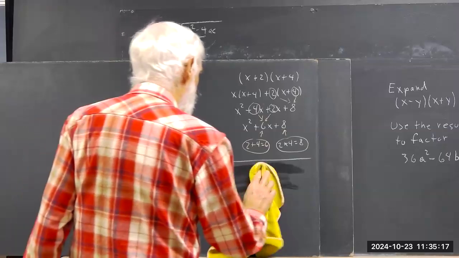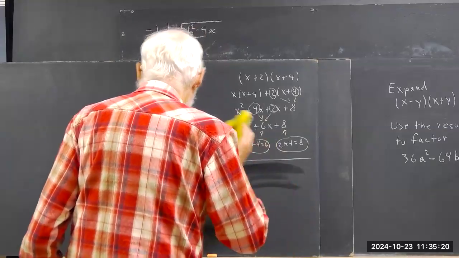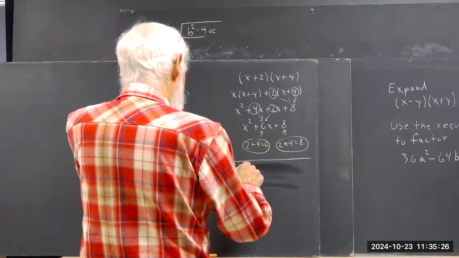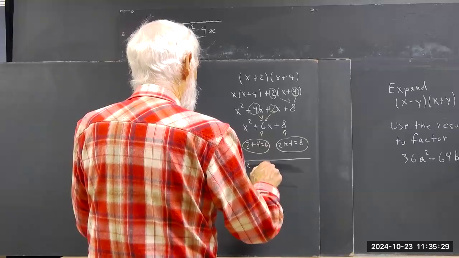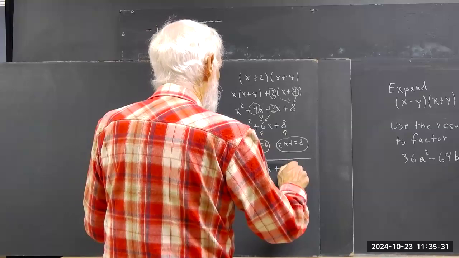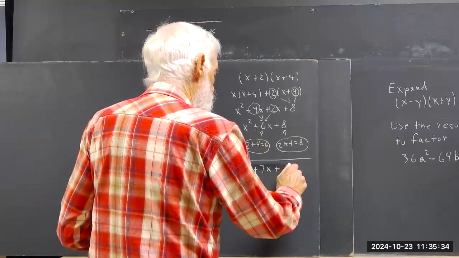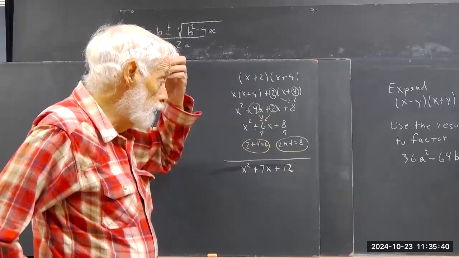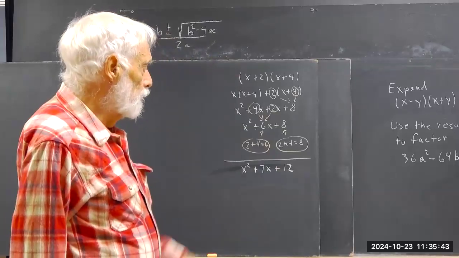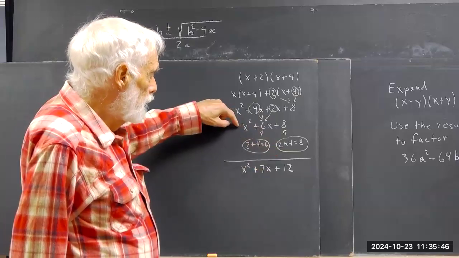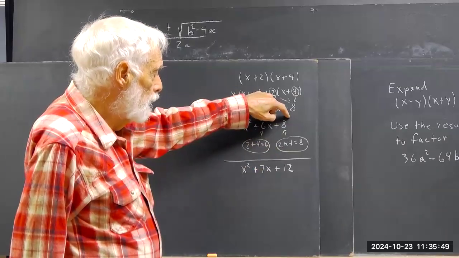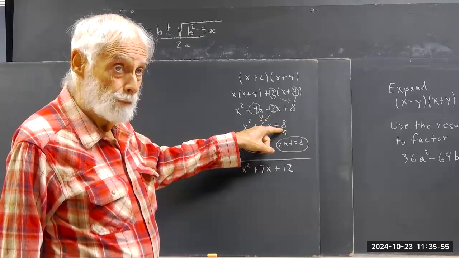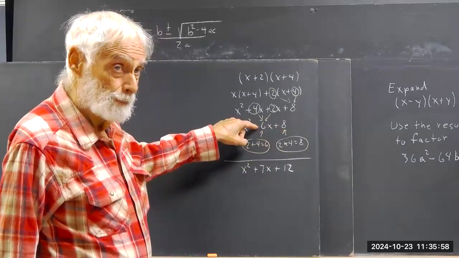Okay, x squared plus 7x plus 12. Now, notice that what we did here, if we'd have started with this, if we want to factor this thing, we need to find two numbers that multiply out to give us 8, and the same two numbers add up to 6.